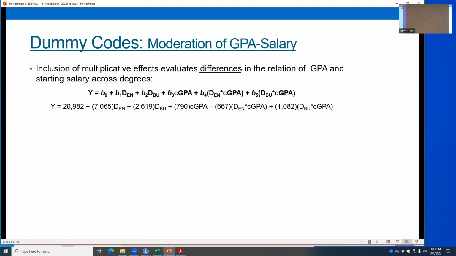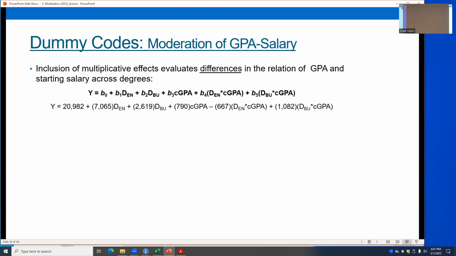So here we have my intercept, my dummy for engineering, my dummy for business, my centered GPA variable, and now I've got the interaction of engineering dummy times centered GPA and the interaction of business dummy times GPA.